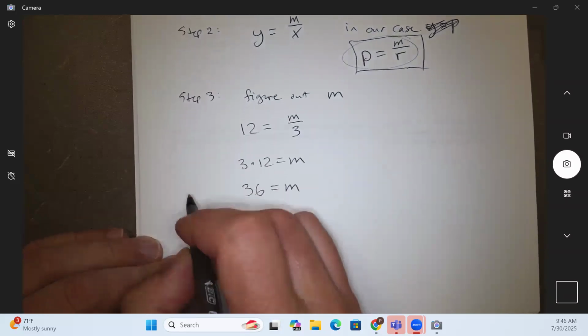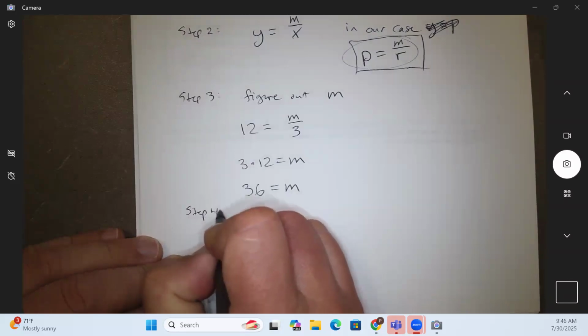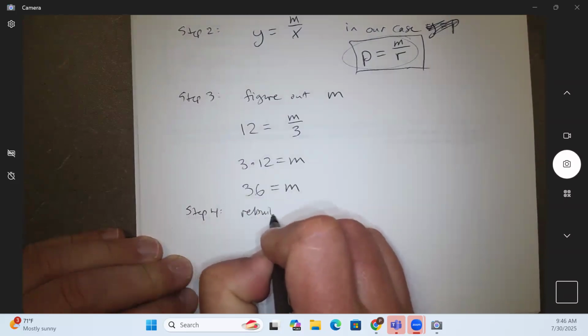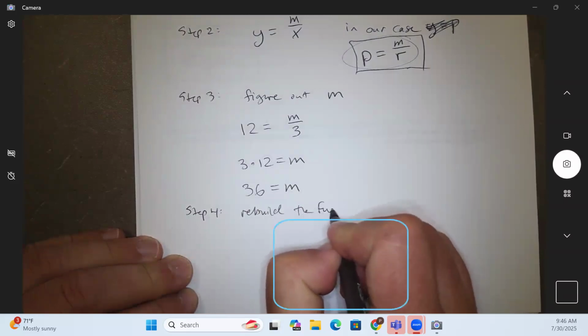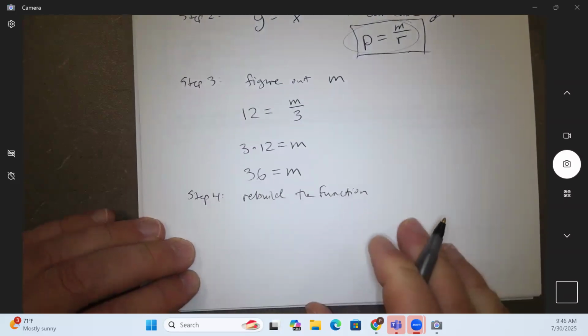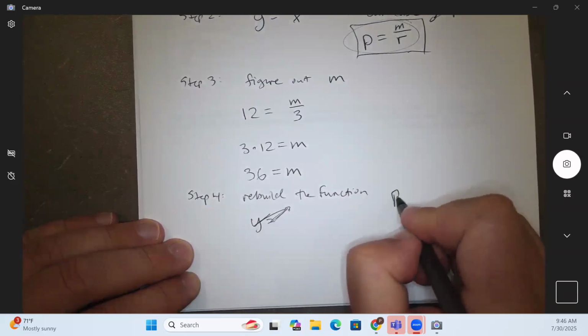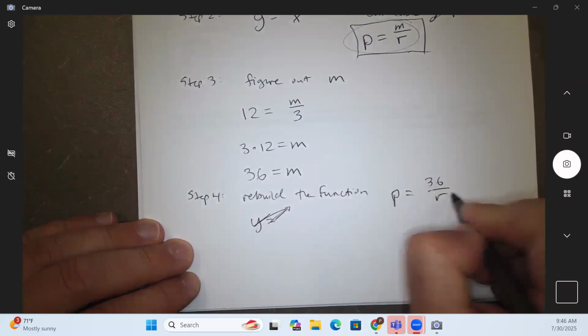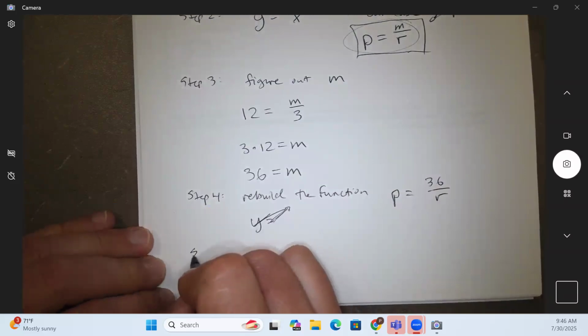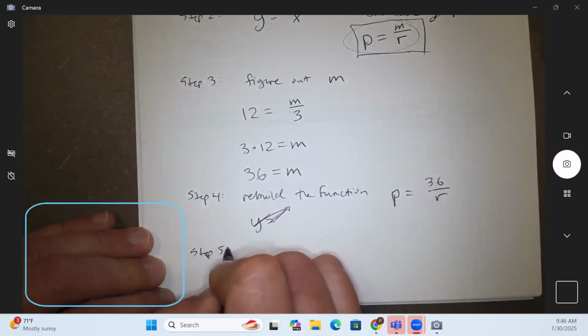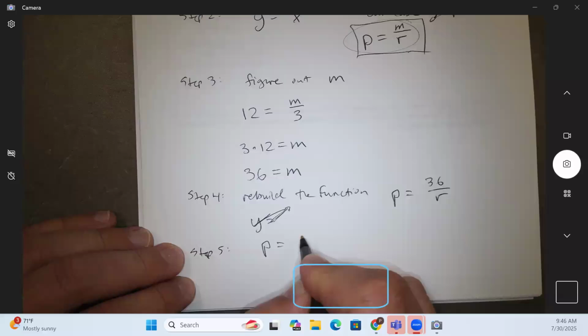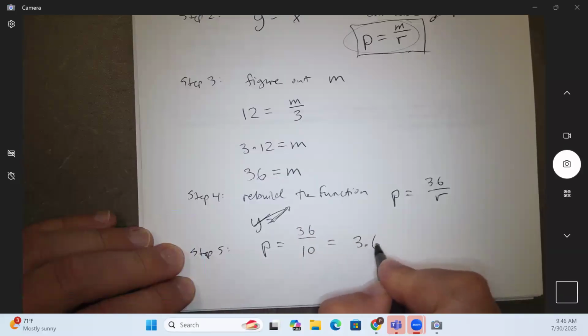So step 3, M is 36. So now we rebuild the function. Y equals, not Y, sorry, P equals 36 over R. So step 5, P is going to be 36 over 10, which is 3.6.